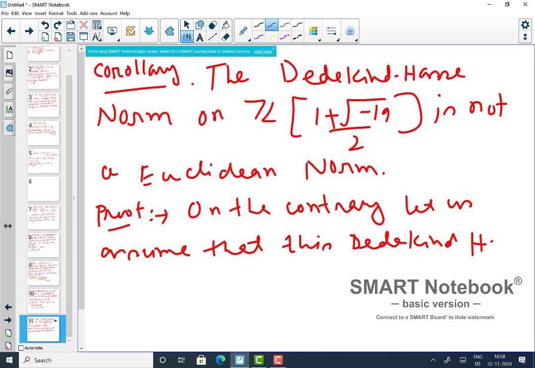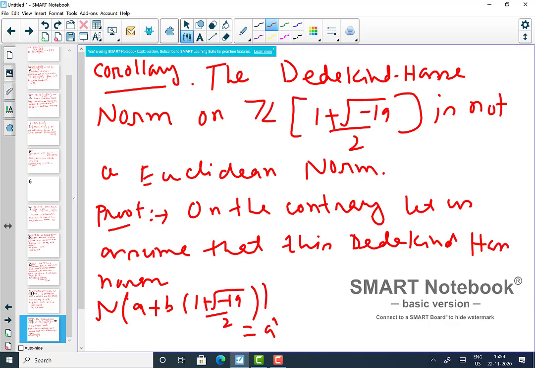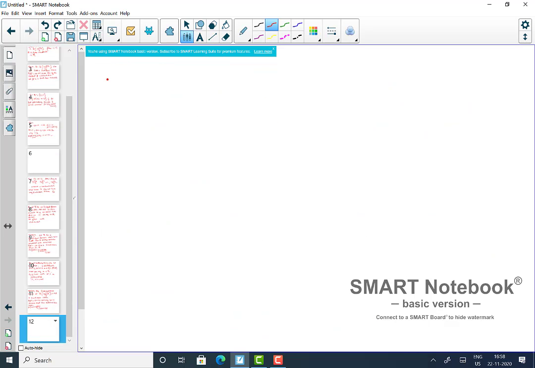You remember what that norm was? That norm was a plus b times (1 plus square root of minus 19)/2, squared, which is a square plus ab plus 5b square. Now let us assume that this is a Euclidean norm. Then we will find a contradiction.